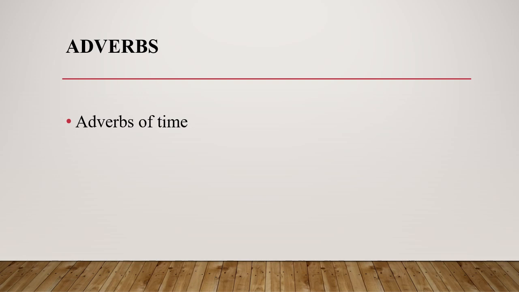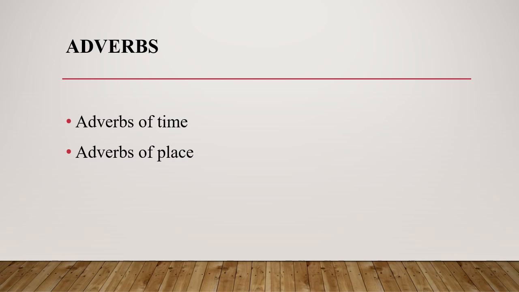But when you say, my friend drives carefully, the word carefully is an adverb. How do I know this? Because it describes the verb drive. It describes the way my friend drives. He drives carefully.